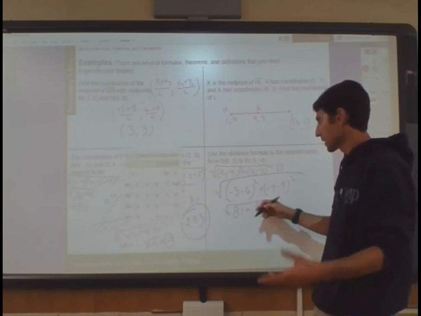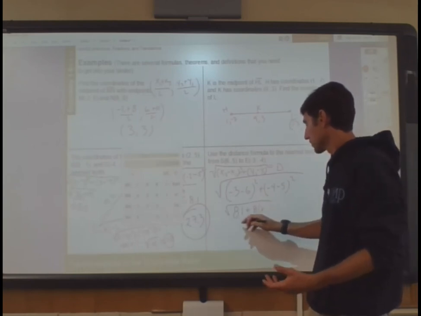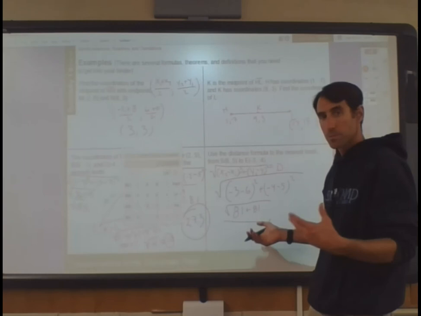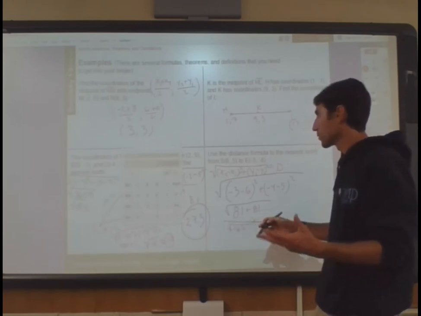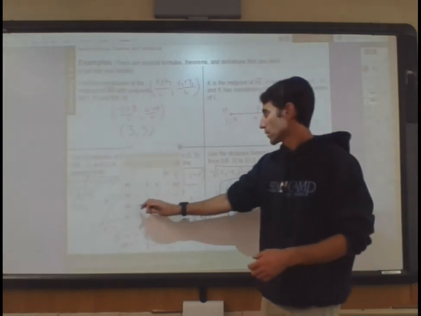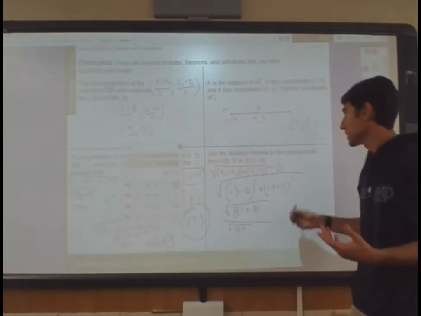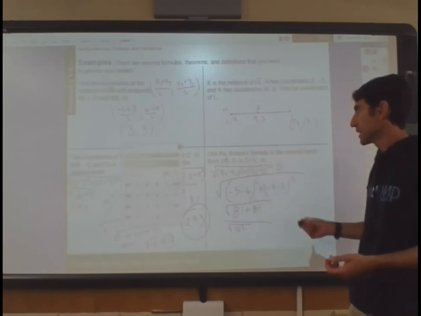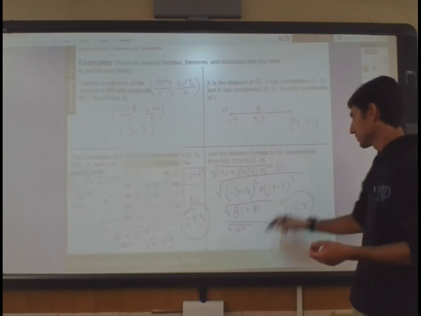Oh, that's cool. So 9 squared is 81. So now 81 plus 81 is 162. And so we have to take the square root of 162. And so the distance between point S and point E is going to be approximately 12.7 units long.